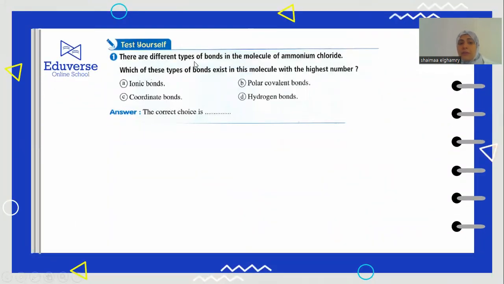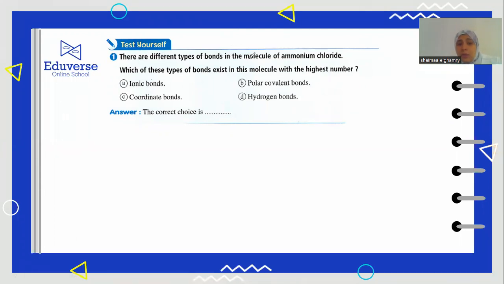There are different types of bonds in the molecule of ammonium chloride. What are the types of bonds in ammonium chloride? Between nitrogen and hydrogen, there is what? There are covalent bonds. They are polar covalent bonds. Between nitrogen and hydrogen ion, there is what? Coordinate bond. So this is the second type of bond. Between NH4 positive and Cl negative, there is an ionic bond.